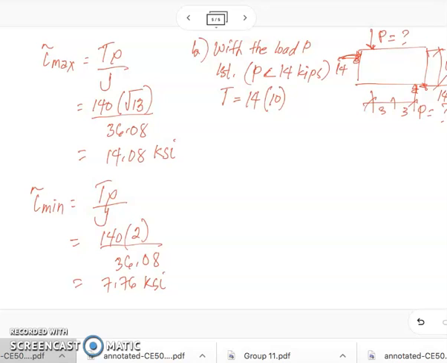It has a distance of 3 and 3, so it will create a torque. In a clockwise direction, 14 times 10.